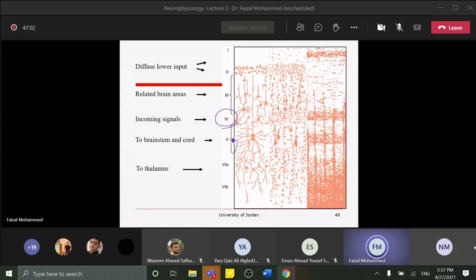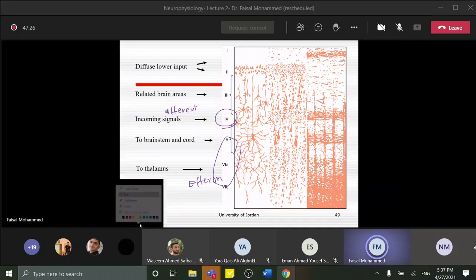Area 5 and 6 are efferents. These are histological classification. Don't worry about them, we're not going to ask you about it.